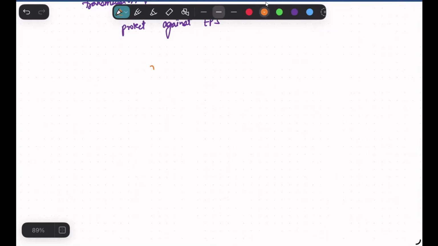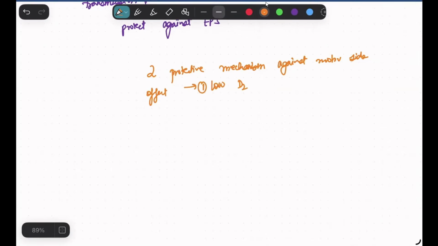So you can write this down: the two protective mechanisms against motor side effects are, first, low D2 receptor occupancy, and the second one is fast D2 dissociation. Clear? This is all about the D2 receptors.